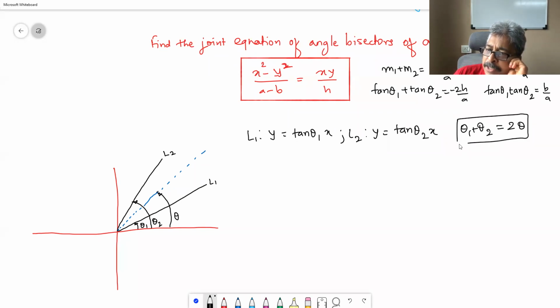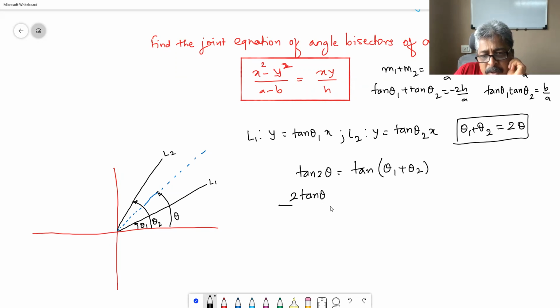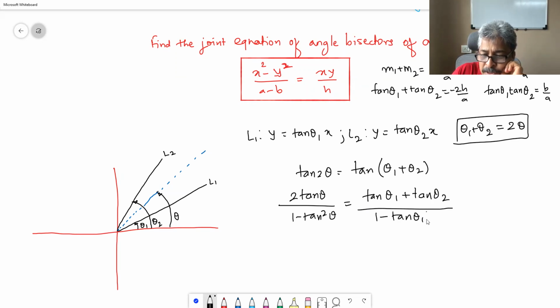And we have this identity: tan 2 theta is equal to tan of theta 1 plus theta 2. Tan 2 theta is 2 tan theta upon 1 minus tan square theta, and tan of theta 1 plus theta 2 is tan theta 1 plus tan theta 2 upon 1 minus tan theta 1 tan theta 2.